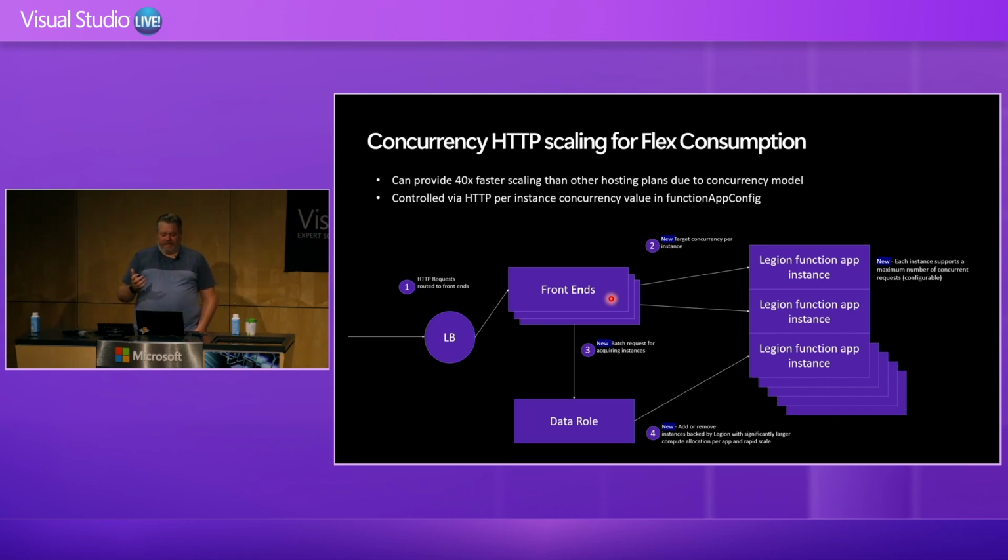Knowing that target and knowing how many HTTP calls are coming in, instead of pinging the instances, it basically will tell the platform, hey, based on this concurrency and number of HTTP calls, this app now needs 100 instances. Don't add just one at a time and let the instances be overwhelmed.